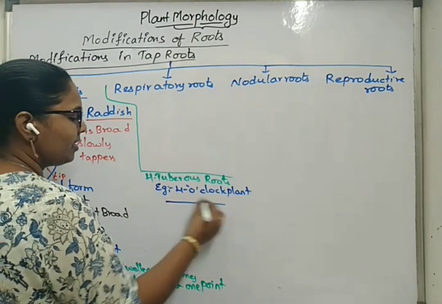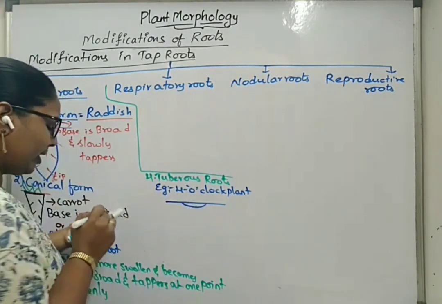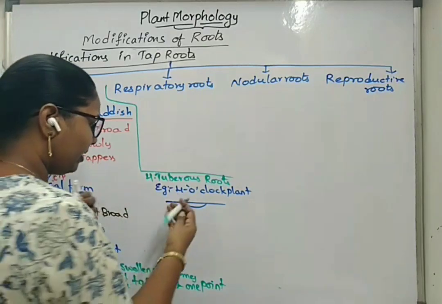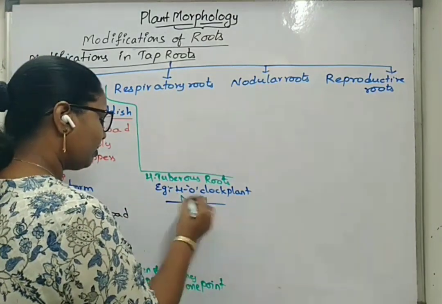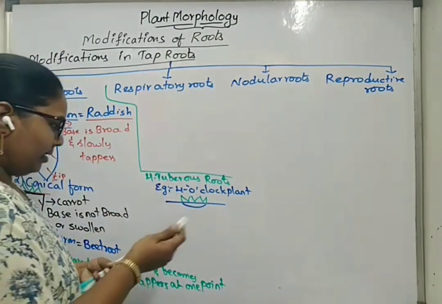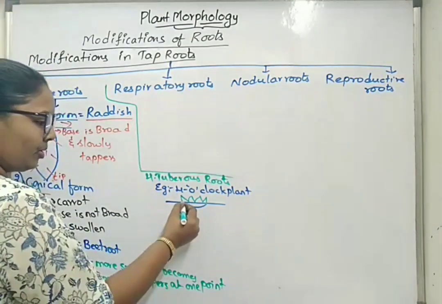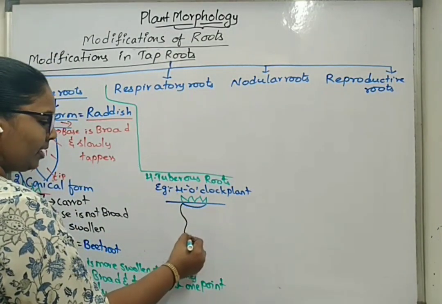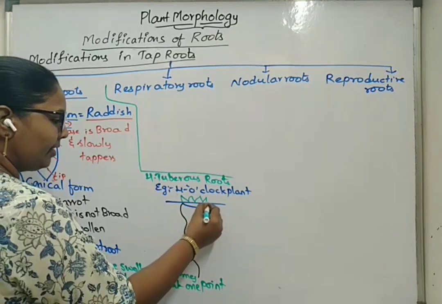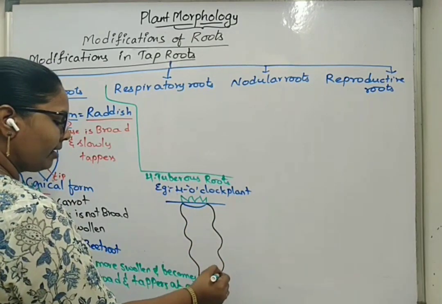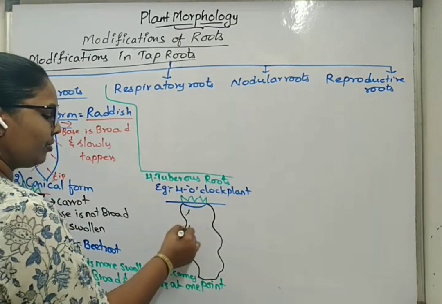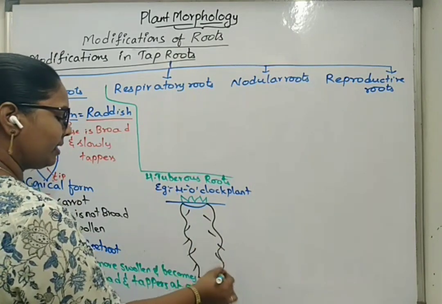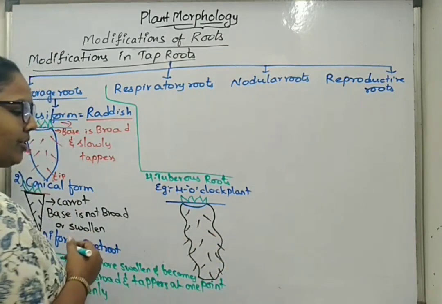So here if this is the earth layer, initially the part that is touching the earth layer is broad and these are the roots. In case of tuberous root, the structure roughly looks like this. It is swollen at different parts of the root. This will be the root hairs or small root-like structures.